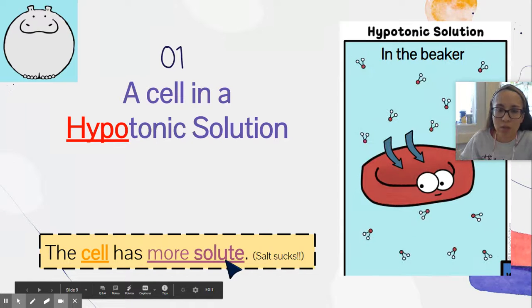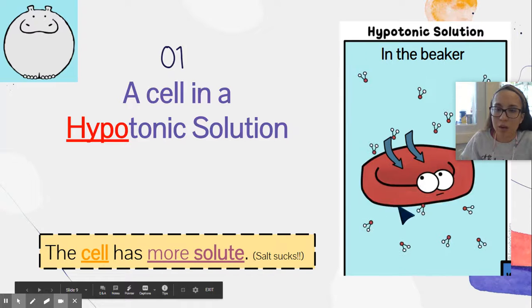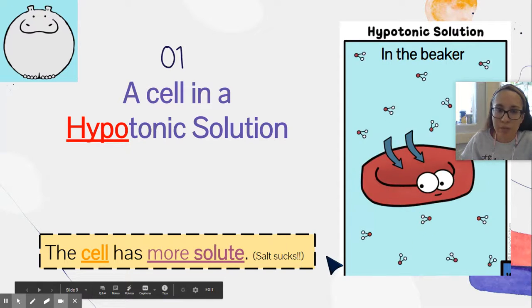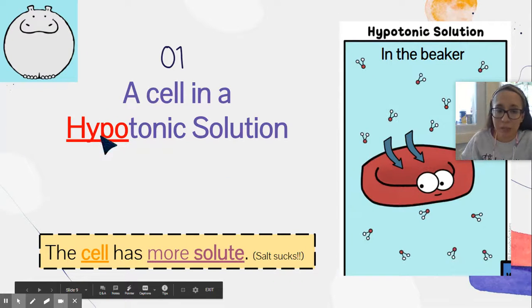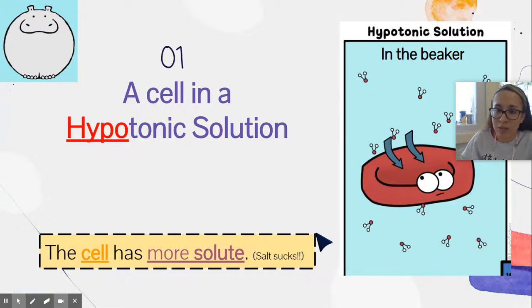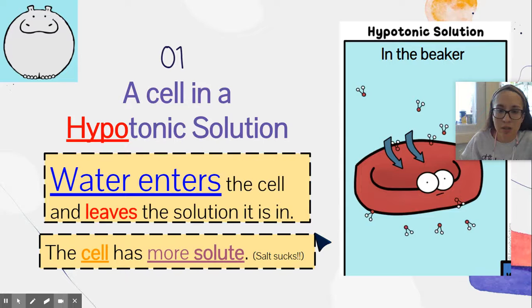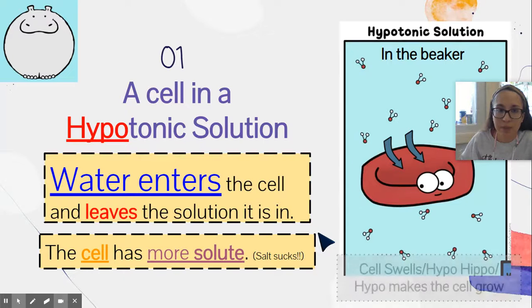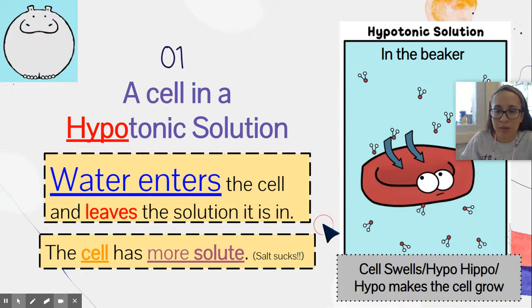So if there's more solute, for example salt, inside of the cell, it's going to suck up all the water. So in a hypotonic solution, where is there more solute? Well, since it's getting big like a hippo, there's more salt in the cell because that's where all the water is getting sucked up to. So water enters the cell and leaves the solution it is in. So the cell swells, hypo, hippo.